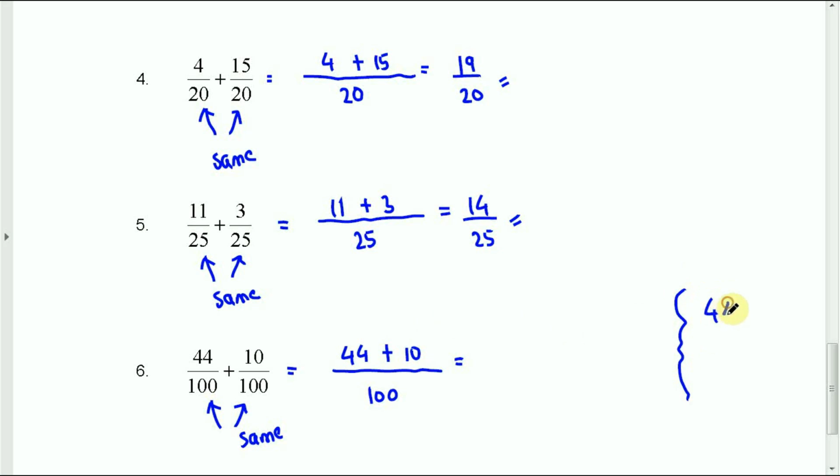So we're adding 44 and 10. So plus a 10. Adding the units, 4 plus 0 is 4. 4 plus 1 is 5. So it's 54 over 100. So that should be the answer to 6.